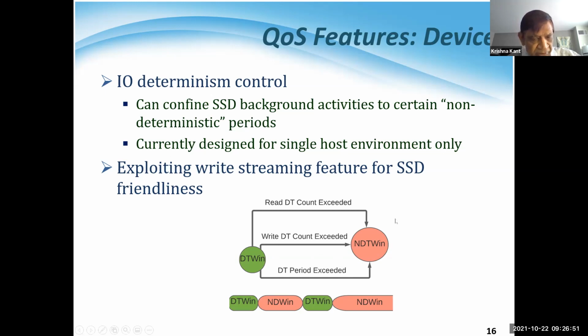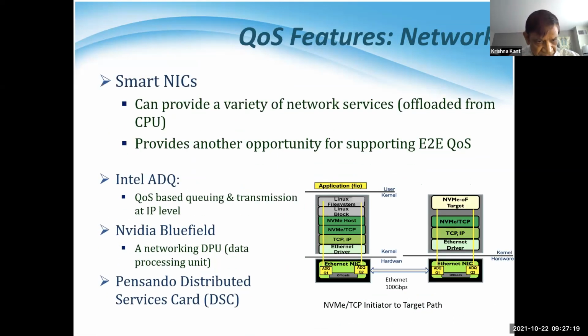Then there are deterministic periods, DT, where it doesn't do any background activity. So if you have a high QoS requirement, you can make all of those requests during the DT period, whereas requests that don't require QoS could be made during the non-deterministic period. Obviously, that immediately raises a question.